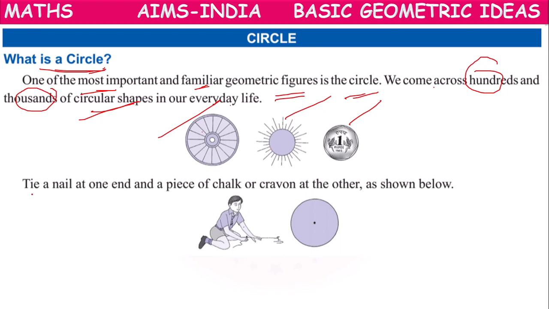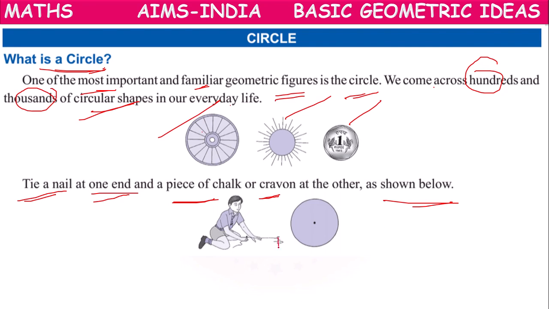So how to make a circle: tie a nail at one end of a piece of chalk or crayon at the other, as shown below.